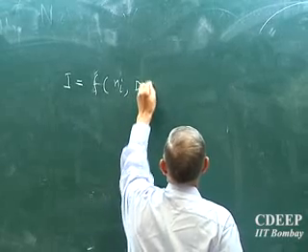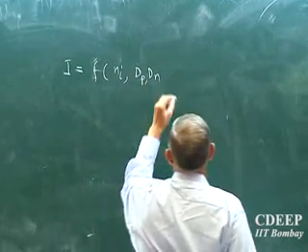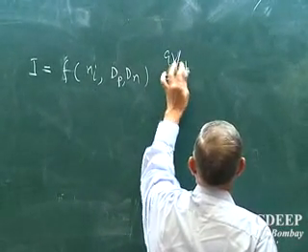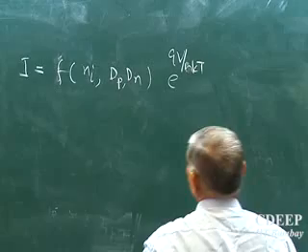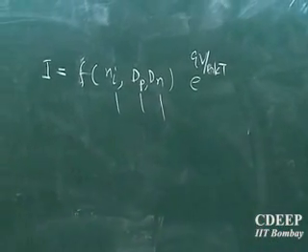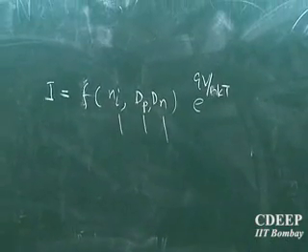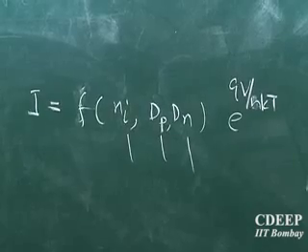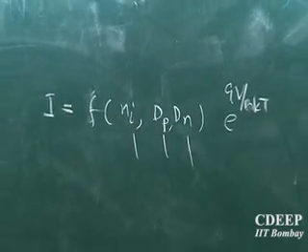Dp, Dn, whatever you call it, and it is also e to the power qV by 2 or n kT kind of terms. All these terms are functions of temperature. All these terms are temperature dependent. ni, what is ni? sqrt(NC NV) e to the power Eg by 2kT.